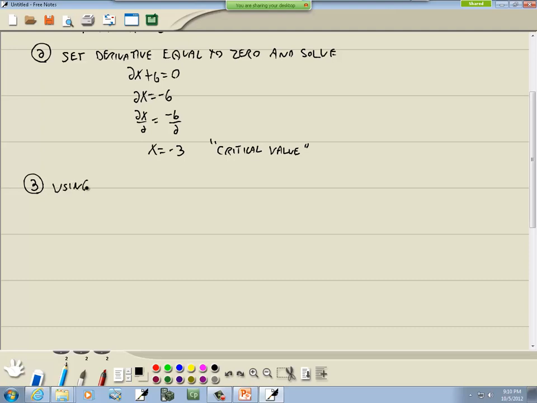Now using your critical values, I'll put an S there because you can have more than one sometimes. Using the critical values, build a table of intervals. Pick test cases.